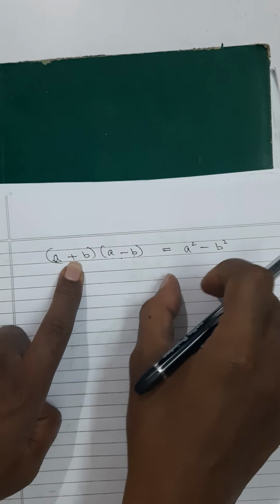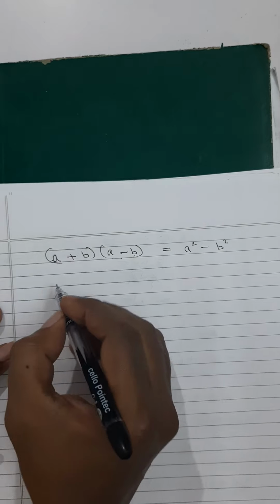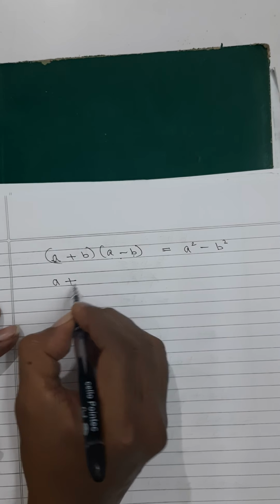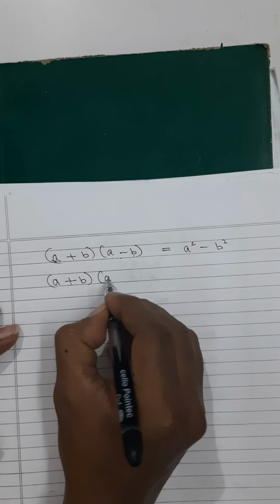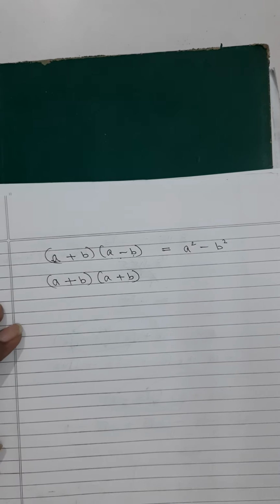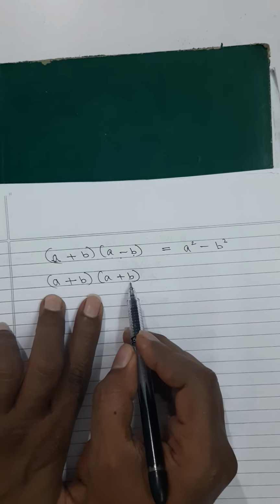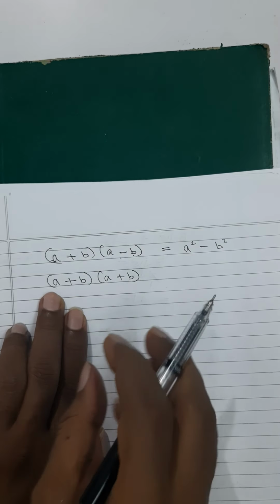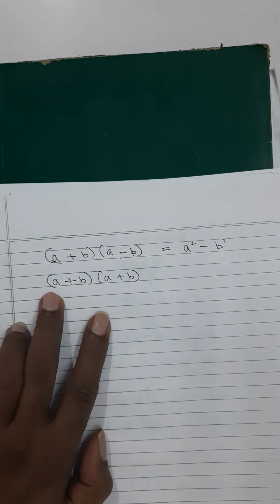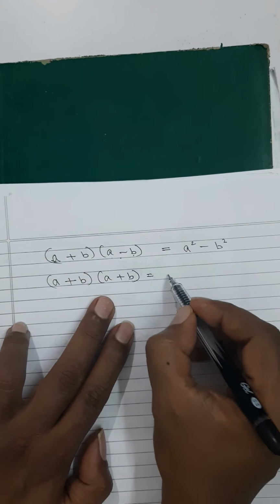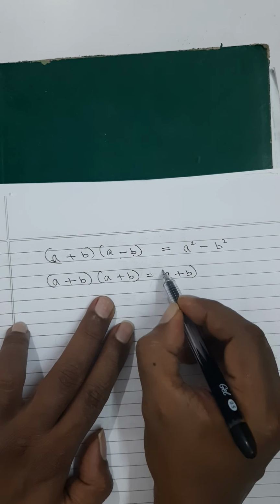There is a big difference between this, because if supposing it is given a plus b into a plus b, both first terms are equal, both second terms are equal, and the signs between them also are equal, then this is going to be a plus b the whole square.